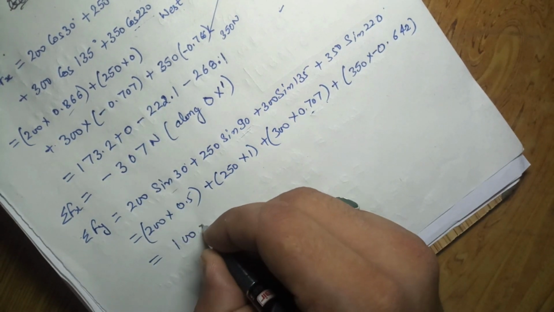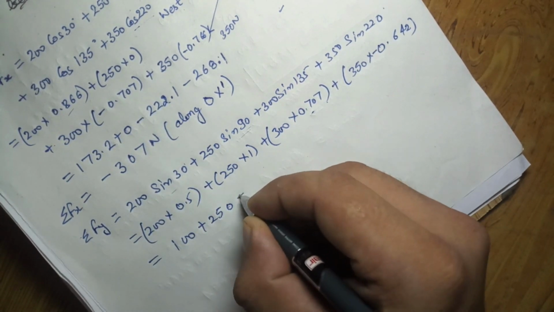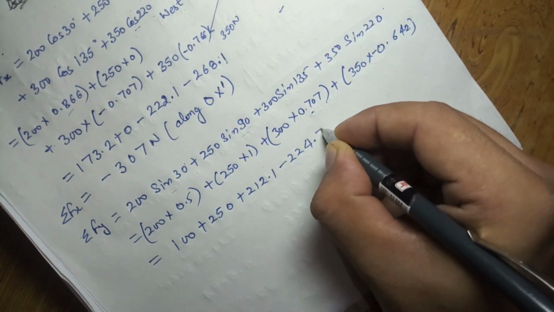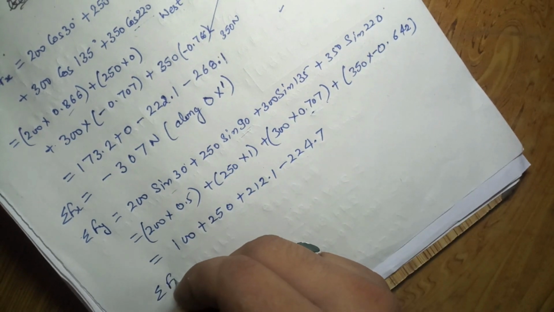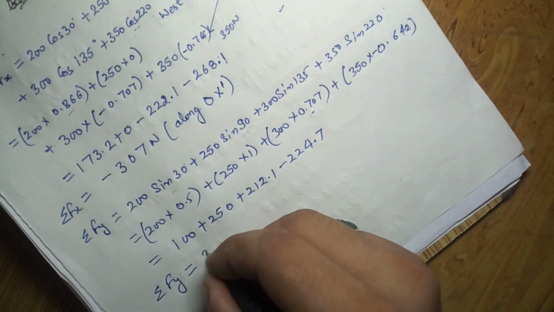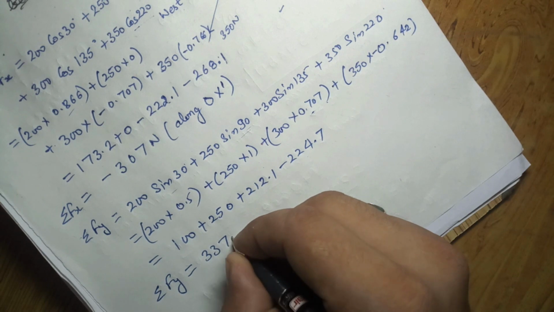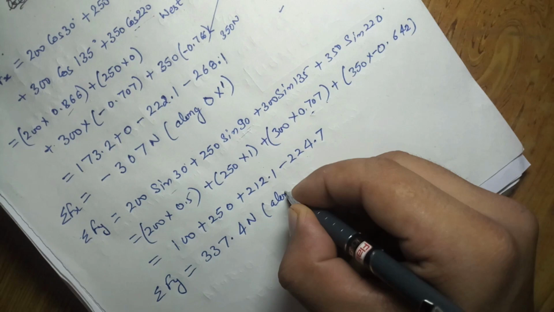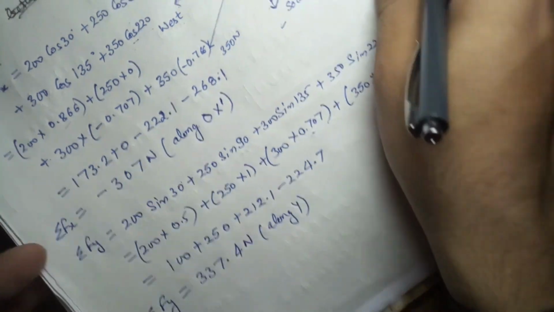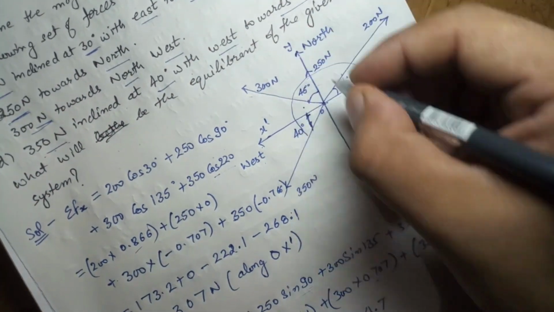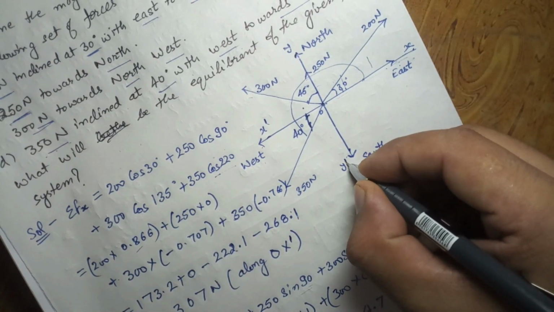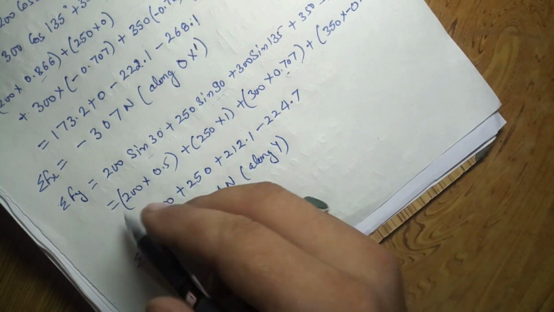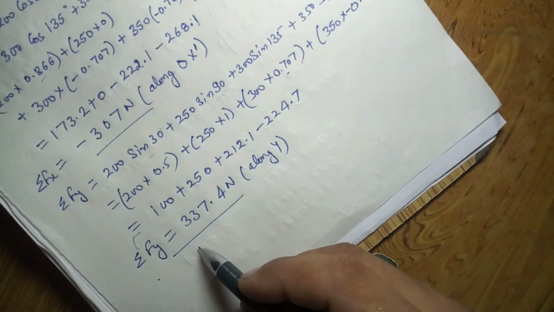So we sort it out and when the summation of Fy we calculate, that is coming to be 337.4 Newton. Now this is positive, so it will be along y, means it is along this y direction, not y dash direction. Okay, this is the magnitude. These are the components Fx and Fy.